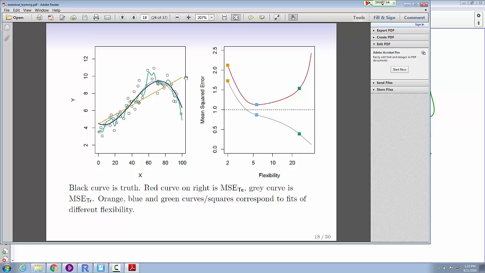It's going to be the really wiggly one. When you give it some new data, it's going to change quite a bit because it's got to wiggle to accommodate the new data. Whereas the line is not going to change very much. Chances are the new data are going to qualitatively follow the same linear pattern. So a linear model is not highly variable, whereas this interpolating model is highly variable.